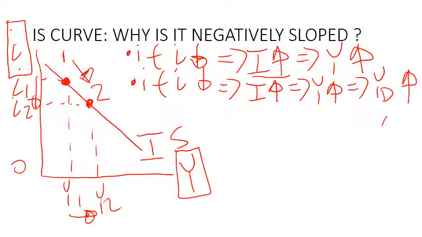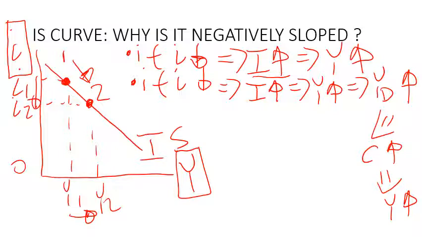It goes up. And in turn, what happens to consumption? It also goes up. And as a result, what happens to Y? It also goes up. All right? So that was reason number 2.